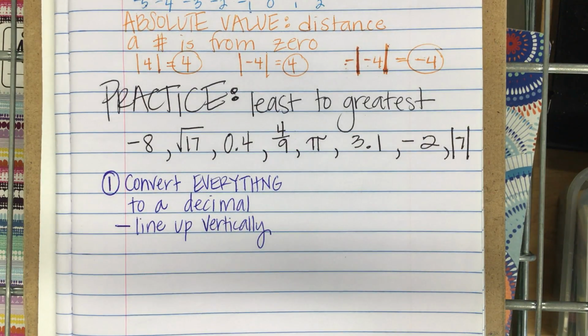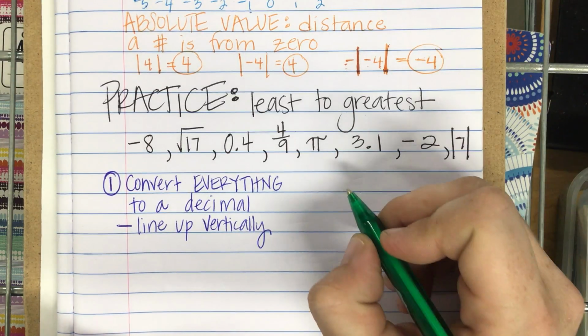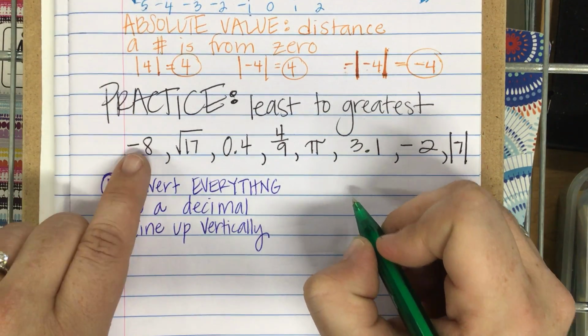And I'm going to show you what that means. Which way is vertical? Up and down. Okay. We're going to convert everything to a decimal.